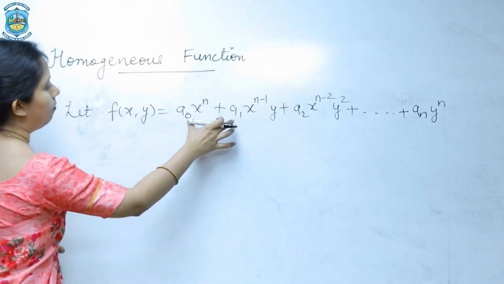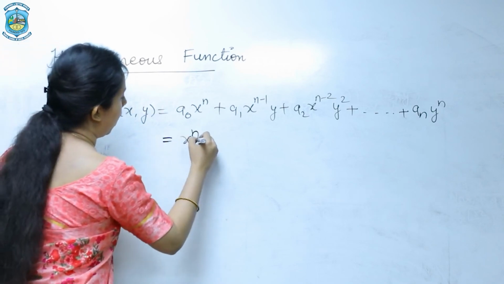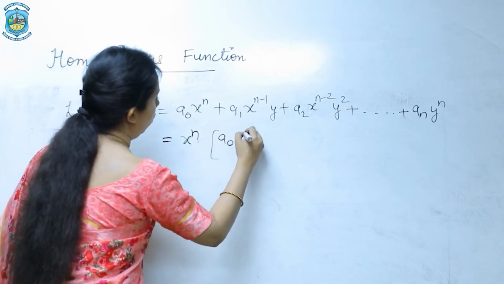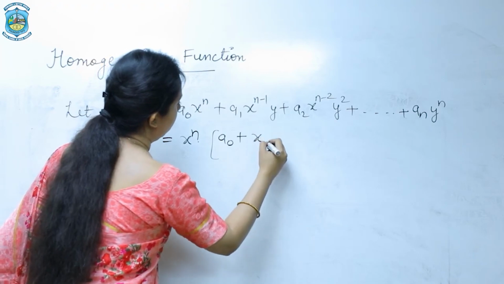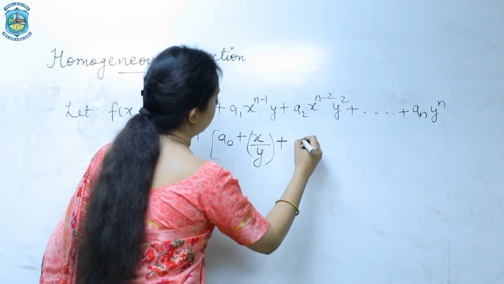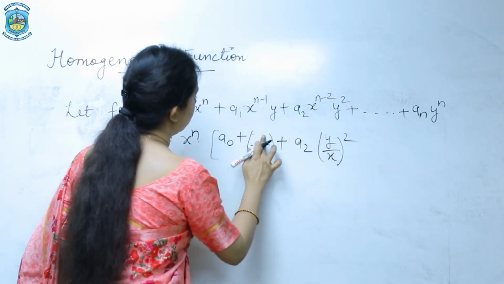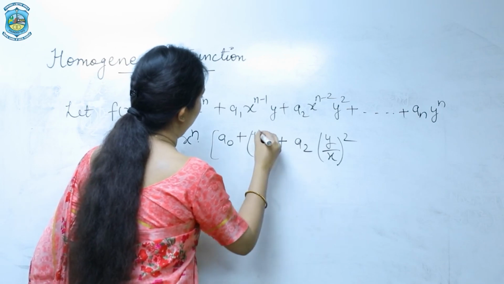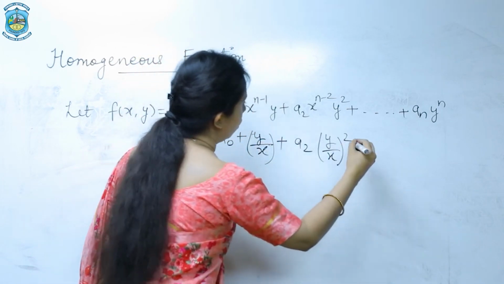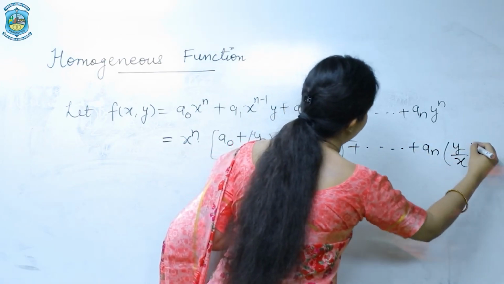So if this is a function of degree n, it can be written as xⁿ times a0 plus a1 (y/x) plus a2 (y/x)² plus so on, an (y/x)ⁿ.